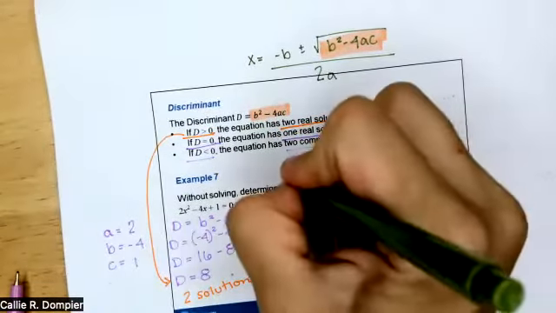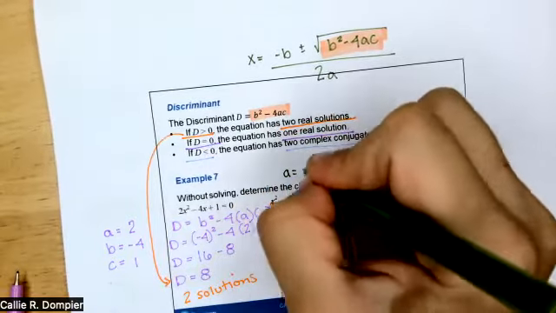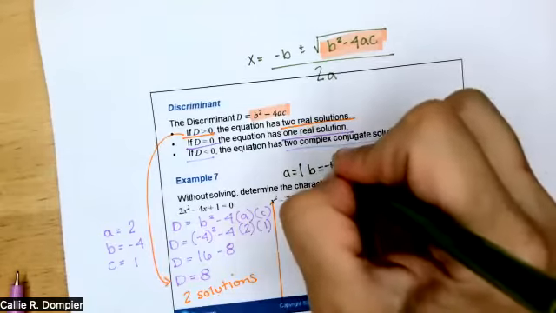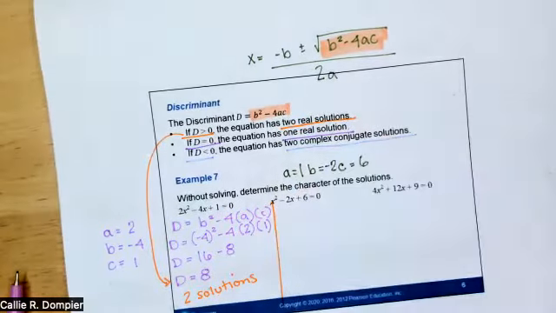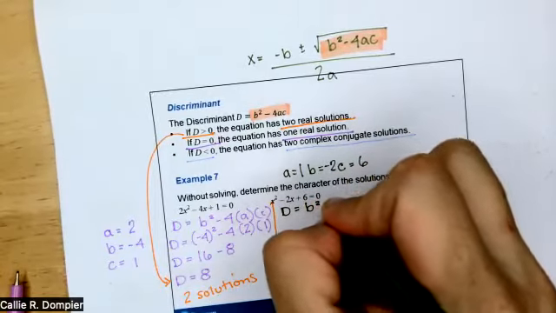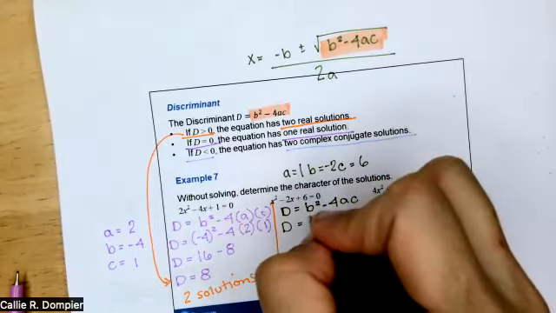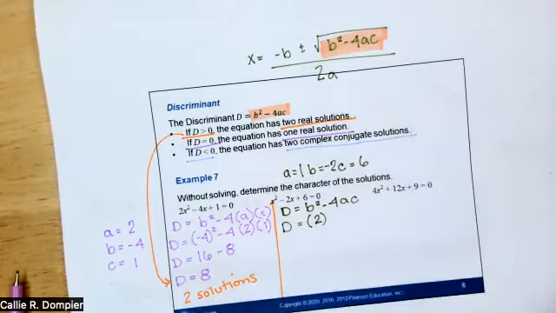Next. Here, a is 1, b is -2, c is 6. The discriminant is b squared minus 4ac. So that's, was it -2?